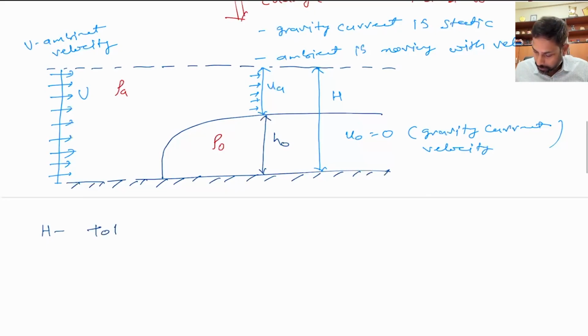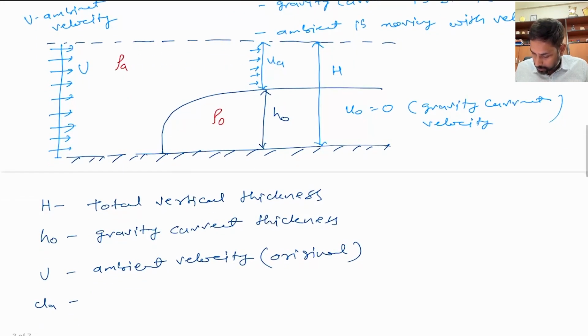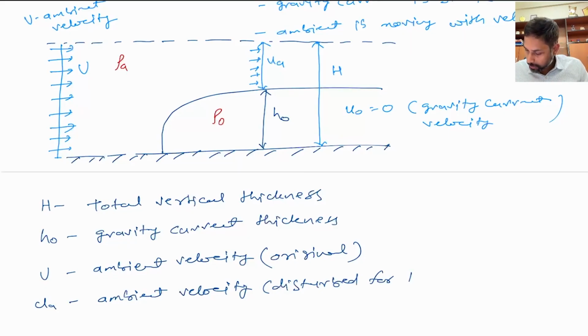Capital H, the total vertical thickness, h naught is the gravity current thickness, u is the ambient velocity original, and ua is the ambient velocity disturbed, for h minus h naught, whereas this one is the velocity for h.